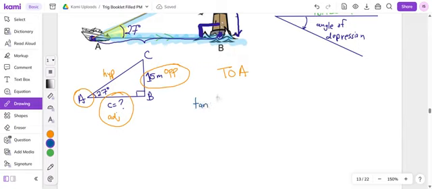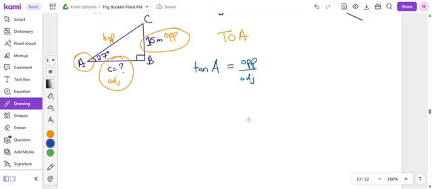Okay, so let's start the solution. Let's write out the equation. Tangent of angle A equals opposite over adjacent. Let's substitute in the values. Tangent of 27 equals 15 over, instead of adjacent, I'll call it lowercase c, side C. Okay, I'll use the T method.